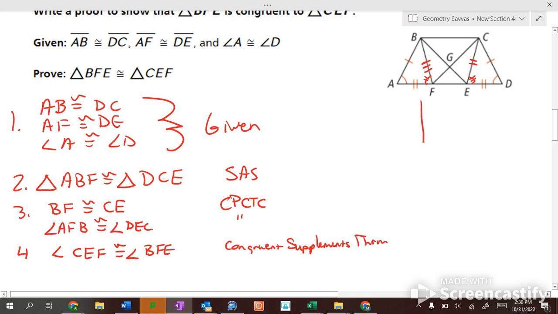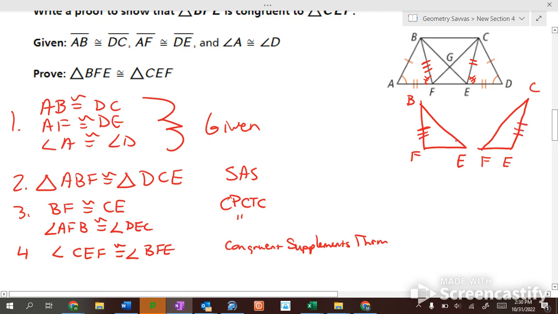Okay, now I'm going to redraw these two that I want equal to each other in the end. So E, F, B, and F, E, C. Now, I know from this step right here, step 3, BF is congruent to CE.